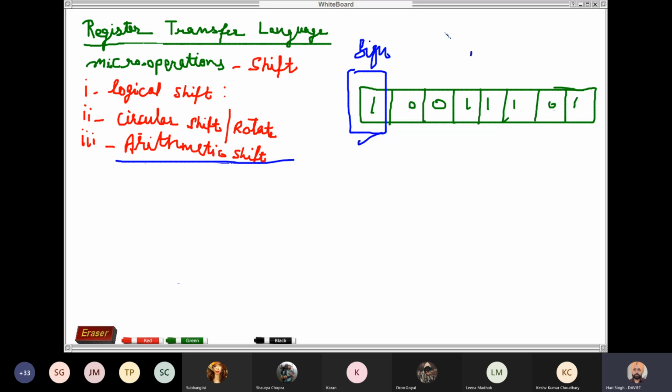Okay. Suppose it is shift left operation, then the shift operation will be like this.